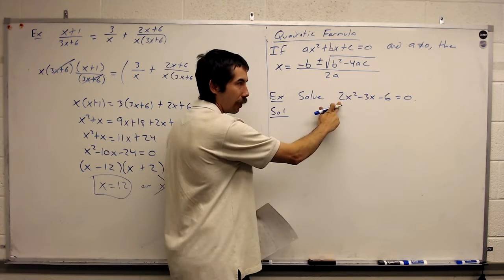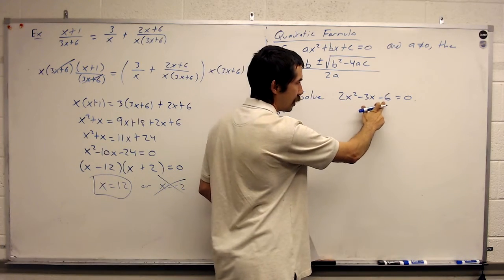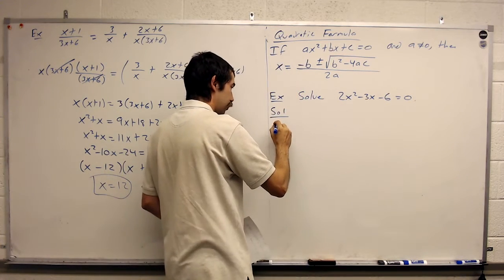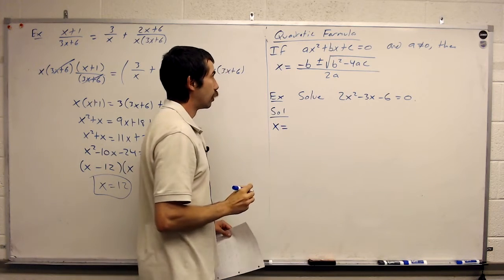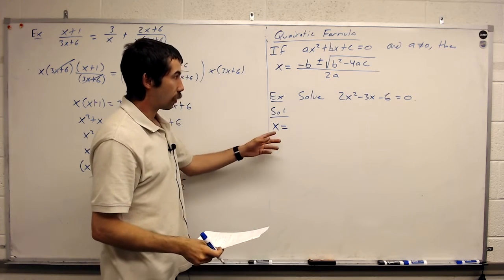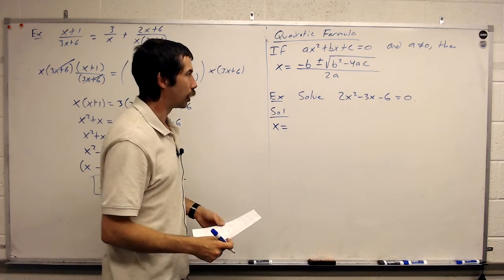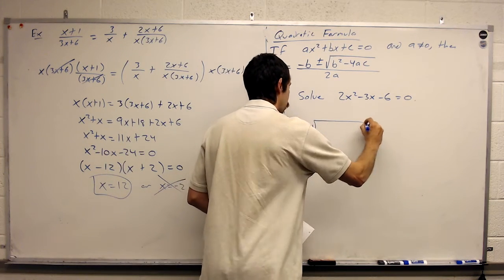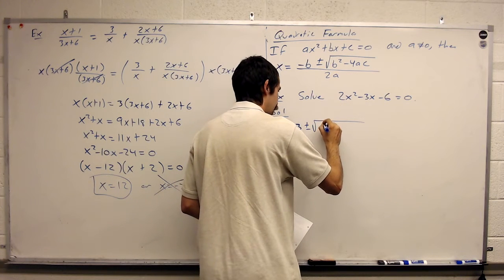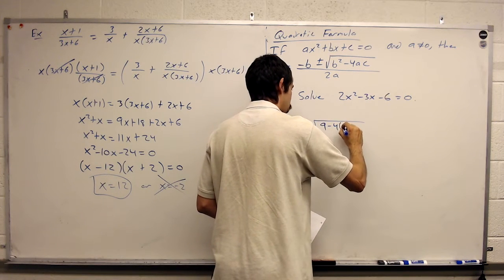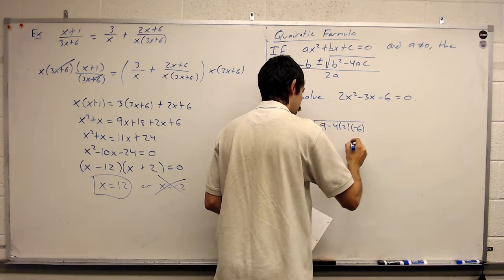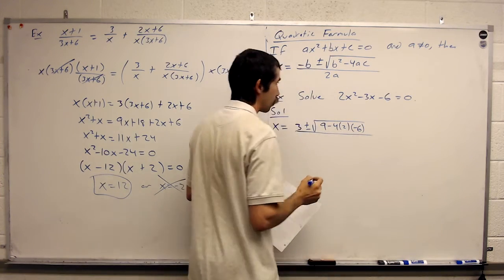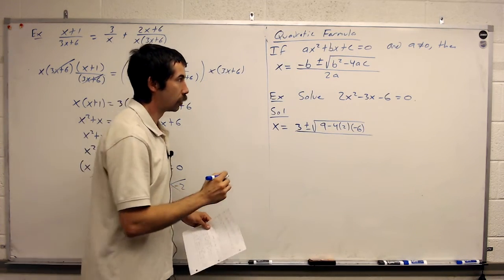So a is 2 in this example, b is negative 3, and c is negative 6. The solution to this quadratic equation is 3 plus or minus the square root of 3 squared, which is 9, minus 4 times 2 times negative 6, all over 2 times 2.